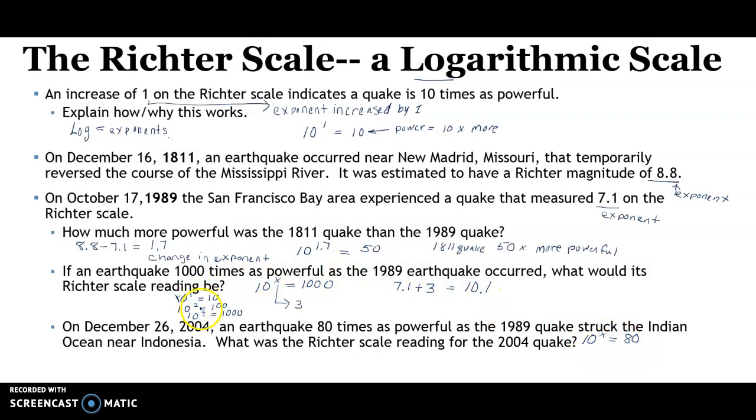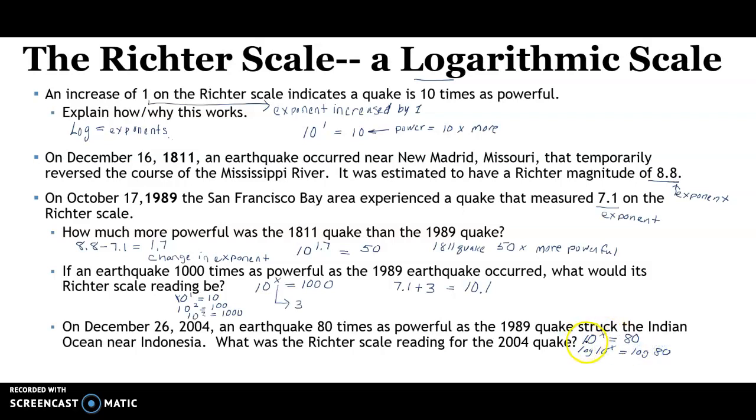And when I think through the exponents that I know, I don't know what exponent for 10 will give me 80. So in order to solve that, I will use the inverse property of logarithms. So I will take a logarithm on both sides. So log of 10 to the x power equals log of 80.